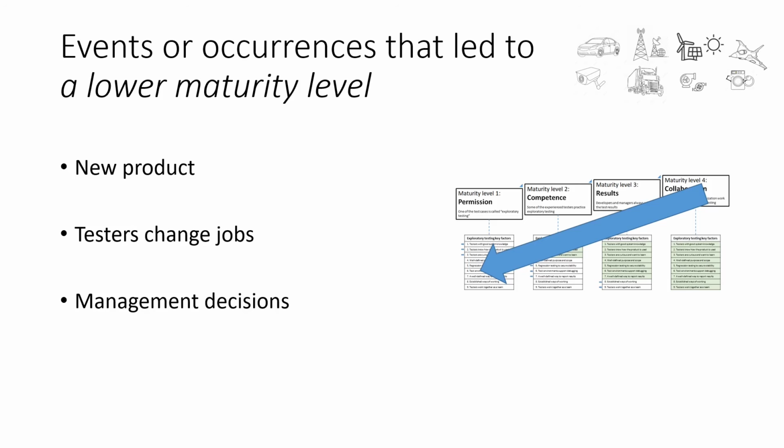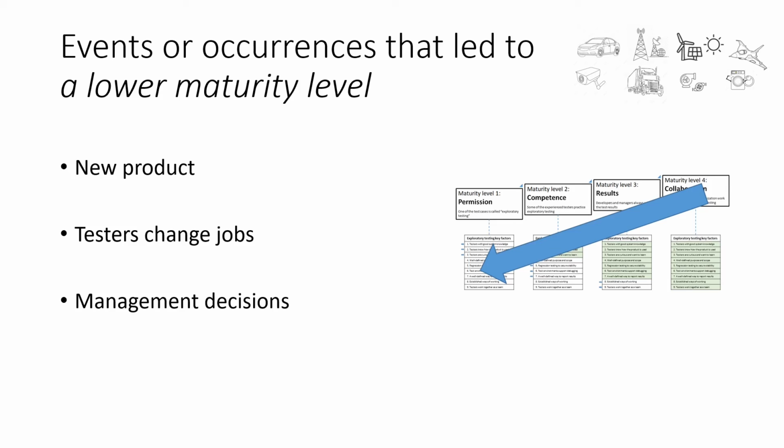Events that can lead to a lower maturity level include the development of a new product, which might introduce new technologies, effectively reducing the domain competence of the testers. We also identified churn of testers, where, for instance, if a senior tester who has been central to the exploratory testing changes jobs, the organization might regress as a consequence.